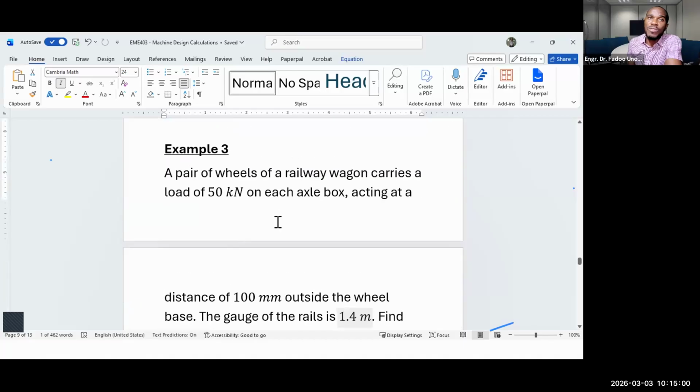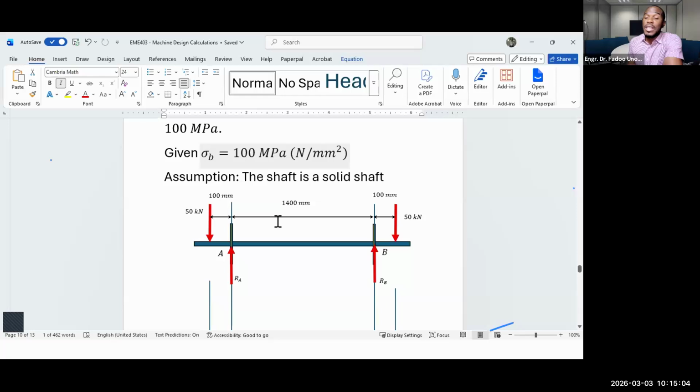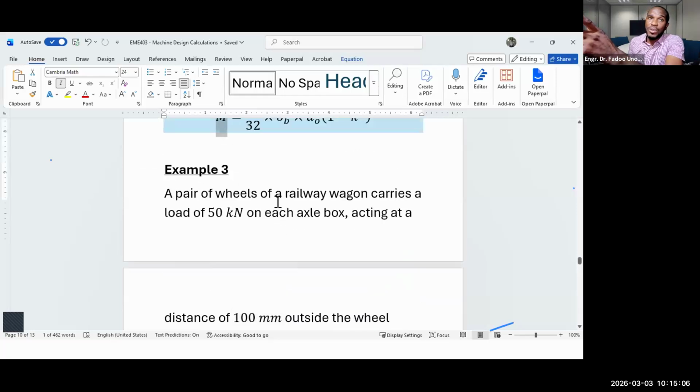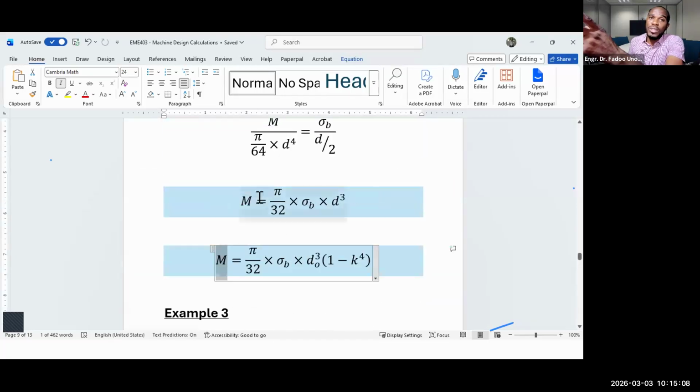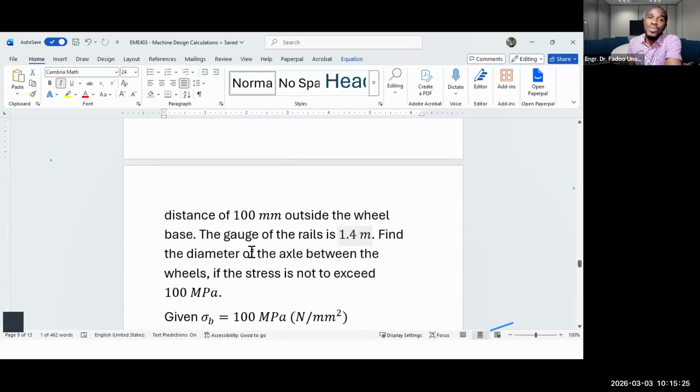When we find it, we can plug it into this equation and find the value of D, either this or this, depending on whether the shaft is hollow or solid.